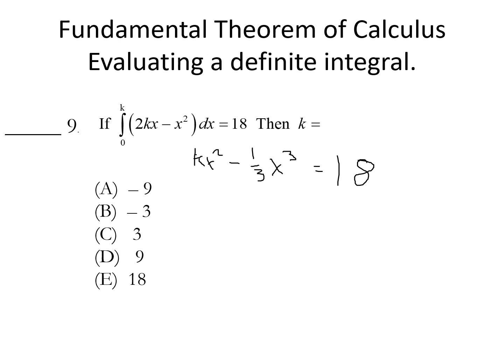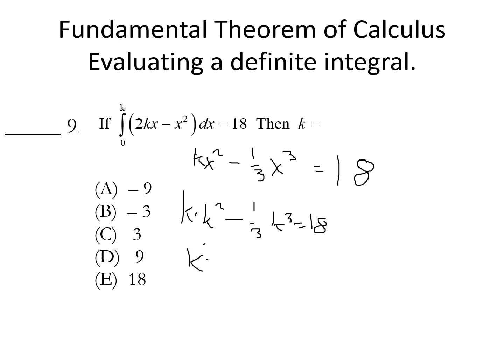And since it's 2k, we can also substitute k in for x. So now with k substituted in, you have k times k squared minus 1/3 k cubed equals 18.